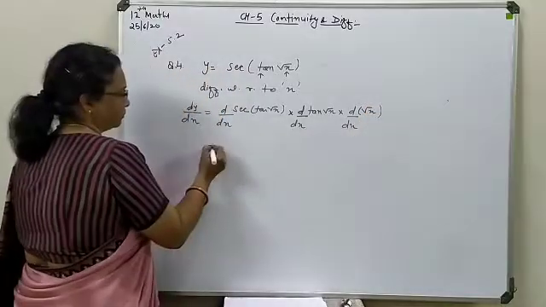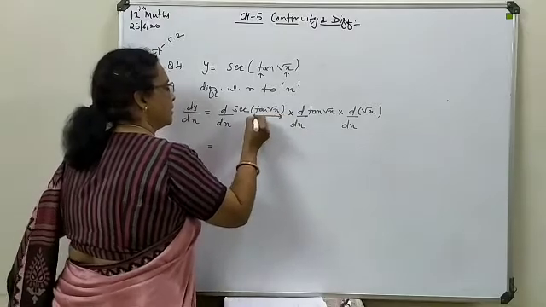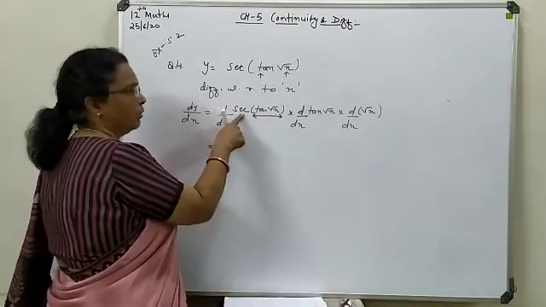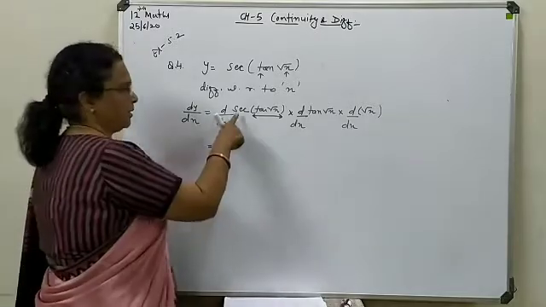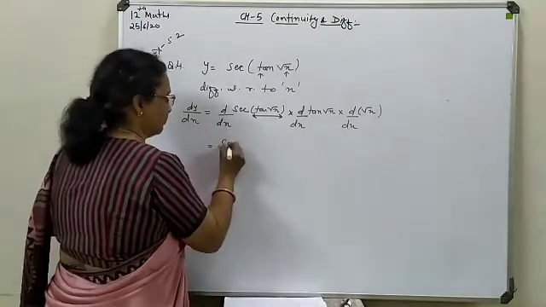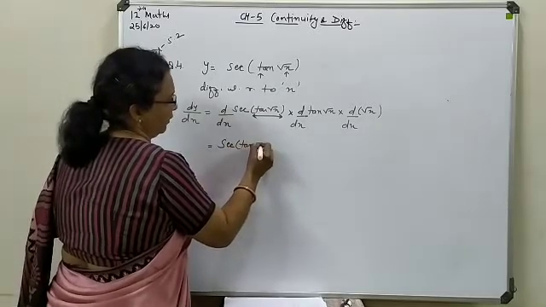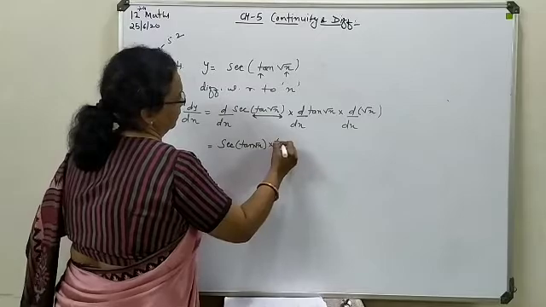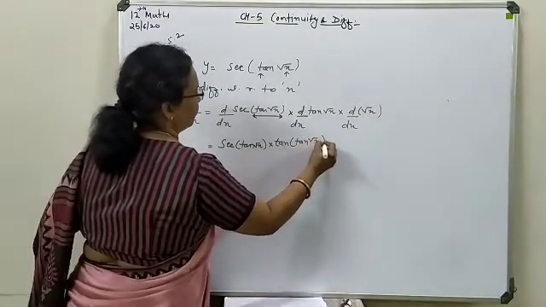So here first of all this bracketed term you will treat as theta or x. The derivative of sec x we have written as sec x into tan x. So its derivative you will write here as sec of this angle into tan of the same angle.